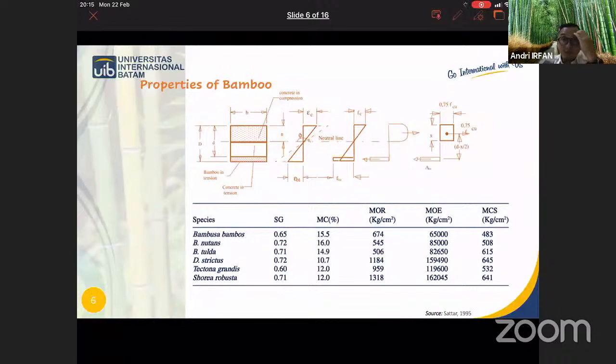These are the properties of bamboo. The reduced ductility of bamboo elements is a critical aspect from a structural point of view. Bamboo is characterized by brittle behavior, mainly under tension force, and the collapse in most cases is caused by longitudinal cracks along the weakest line.